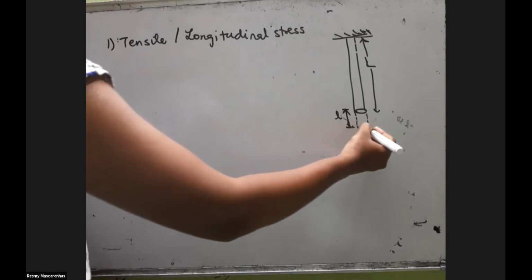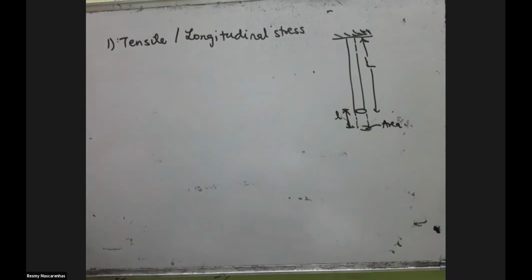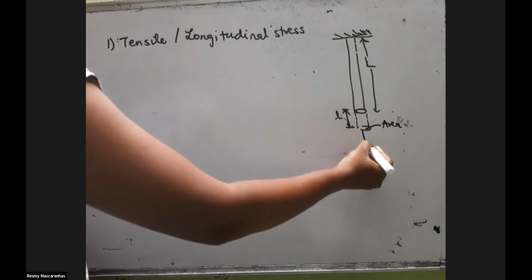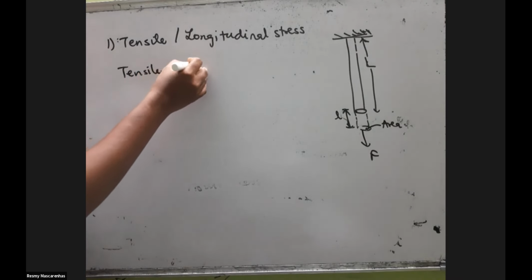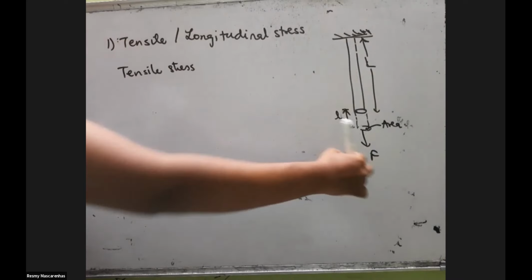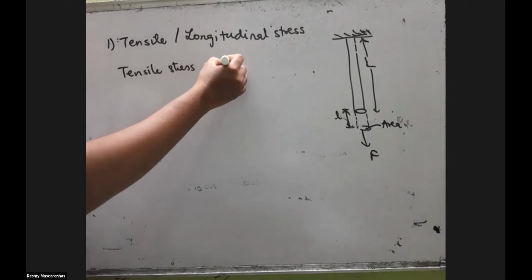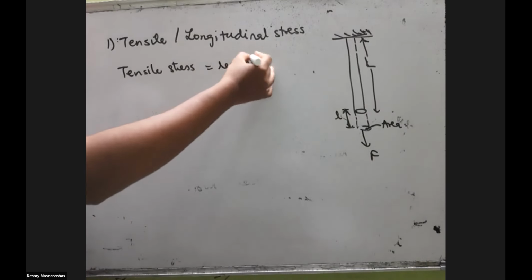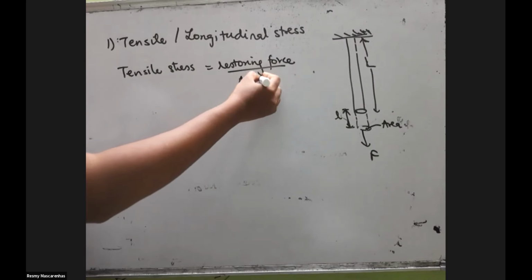This will be the area, and the rod is getting stretched because some force is applied. Now what is called tensile stress? Tensile is just because there's a longitudinal extension. The basic definition: stress is nothing but restoring force upon area.